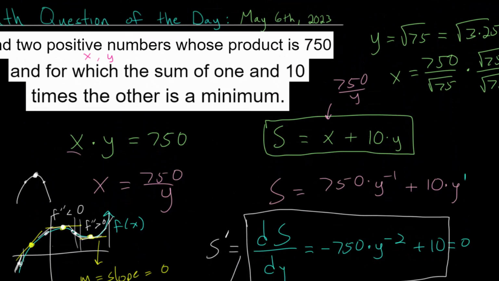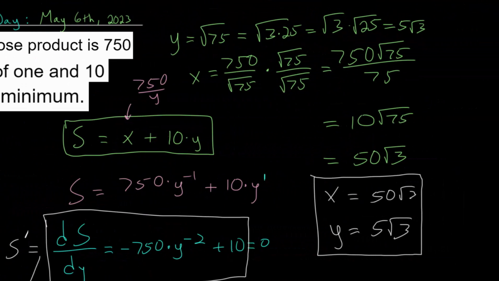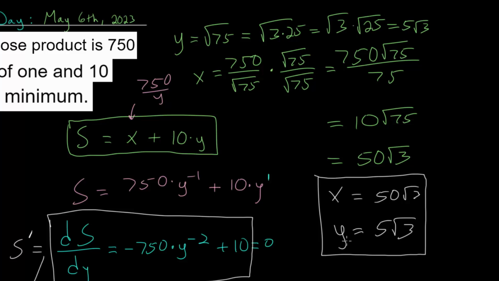So if we go back up, now we can feel very confident that this x and y value do give us a product of 750, and they do minimize this sum equation, where if we take this x value and add it to 10 times the y value, we know that that is in fact a minimum value for this sum. So we can feel confident that this is the correct answer.